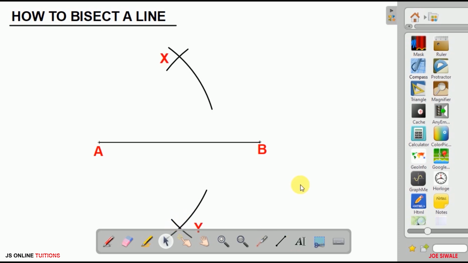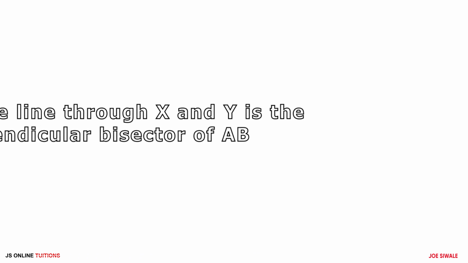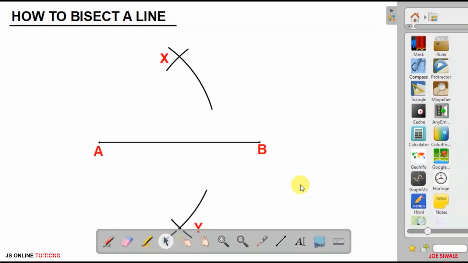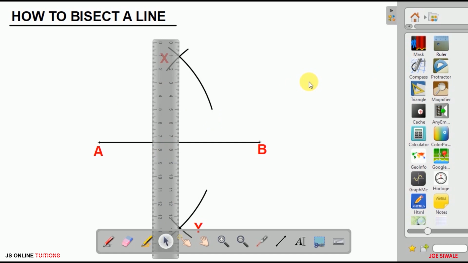Then the last step reads, the line through X and Y is the perpendicular bisector of line AB. So we need to draw a line that is passing through points X and Y. So let us do that. So we're going to get our meter rule and put it there.